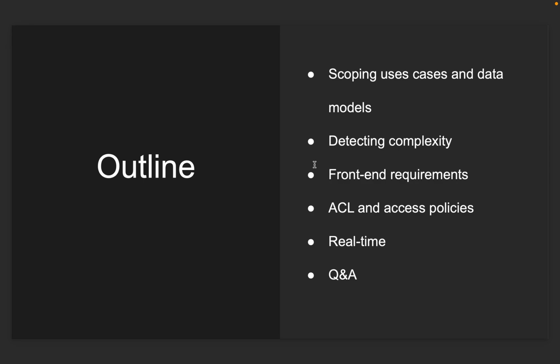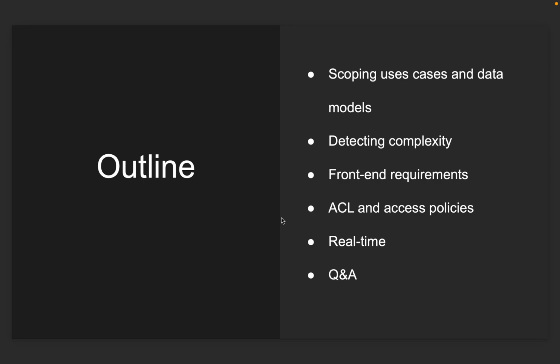The first of which is the notion of scoping use cases and data models. This is what we see in any software project, but it could be a bit different for digital transformation projects. How to detect complexity, especially when it's implicit. How to understand the front-end requirements, because usually digital transformation is a lot about front-end, because people are used to other tools like Excel or legacy tools, and they require modern and state-of-the-art front-end, and this could also introduce complexity.